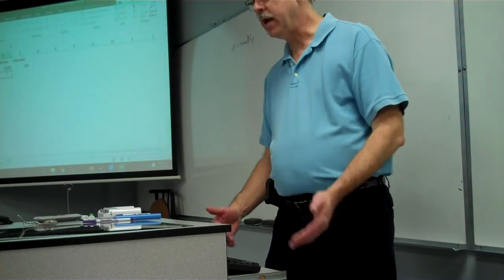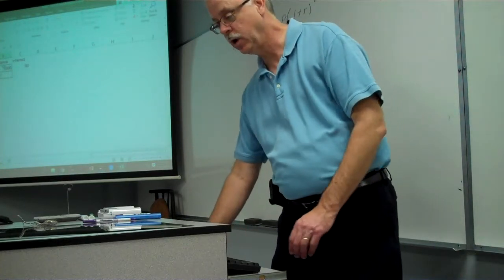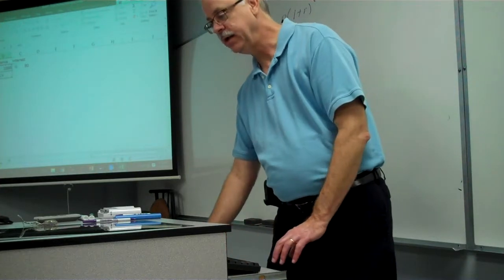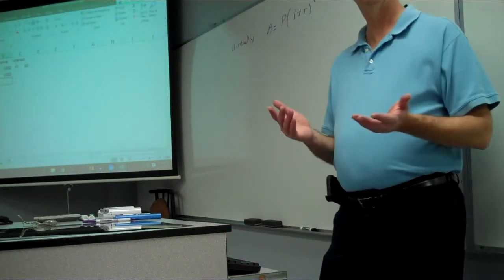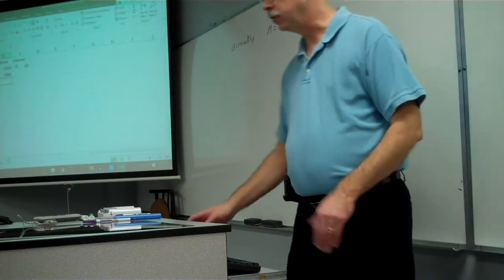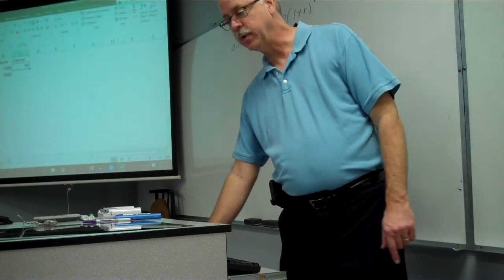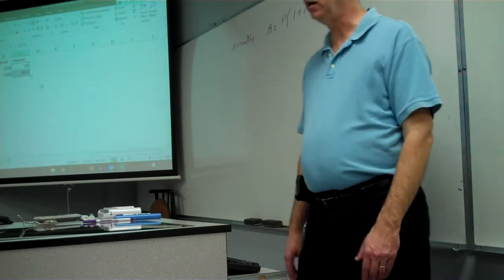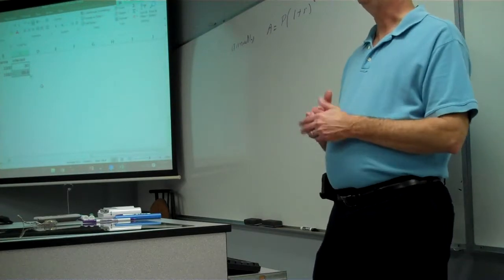The next year, though, our balance goes up because our balance is what it was, and we add in that interest. That's the idea of compound interest. So we get a little bit more interest because our balance is bigger. So at the end of that year, we get 8% of the 1,080.